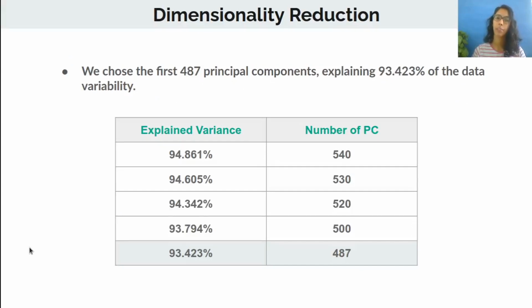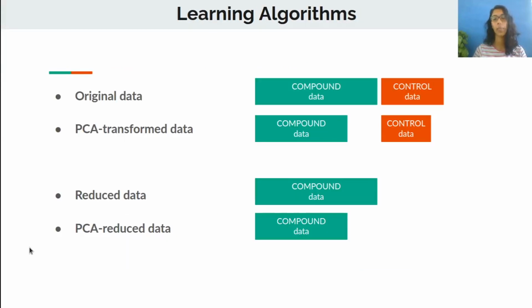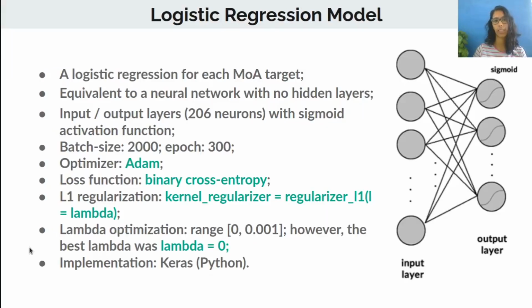We combined 487 components, which explain 93.4% of the variability, and with that, we had 4 datasets to work with. One with the original data, one with the PCA transformed data, one without the control groups, which was called the reduced dataset, and a PCA transformed reduced dataset.